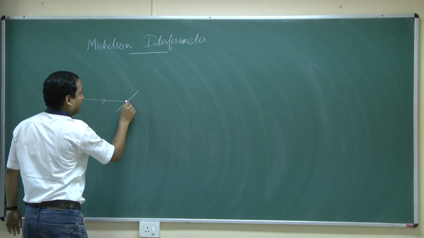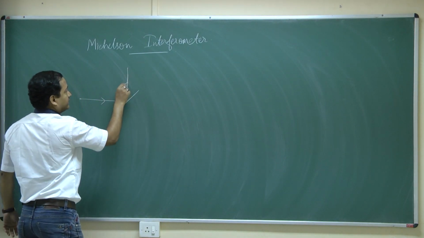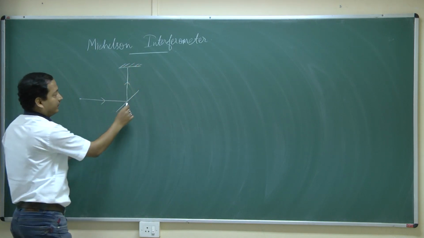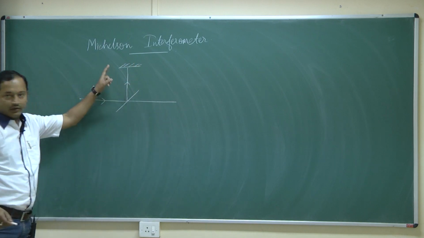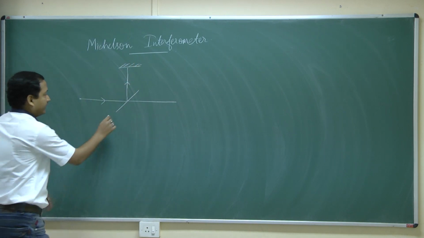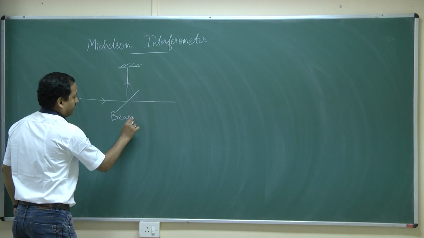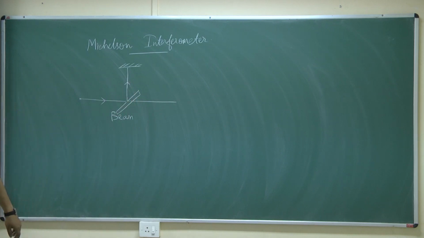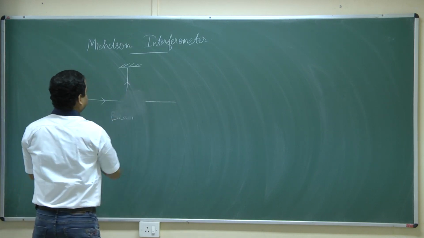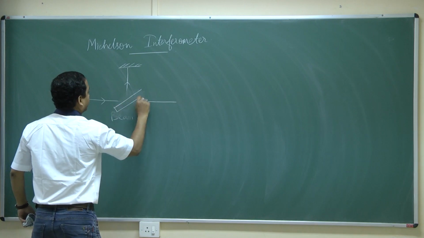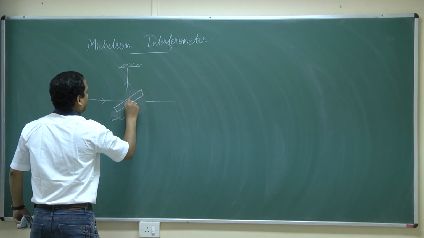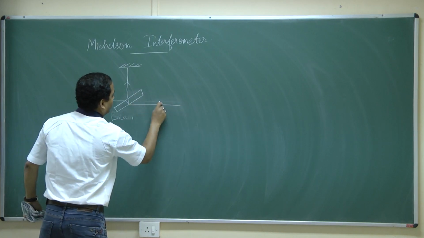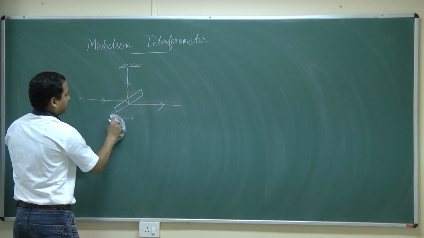But the point I would like to mention is, one of the rays, as we know, goes up to a mirror here. There is a mirror here. There is another ray which comes, and one ray gets reflected by the beam splitter here. I'm not going into all the details, but you have a beam splitter here, as he mentioned yesterday.